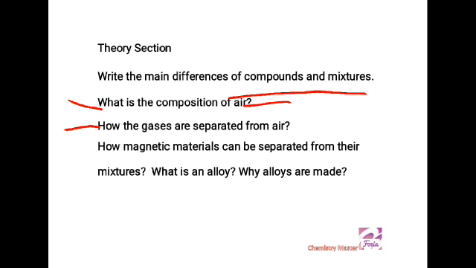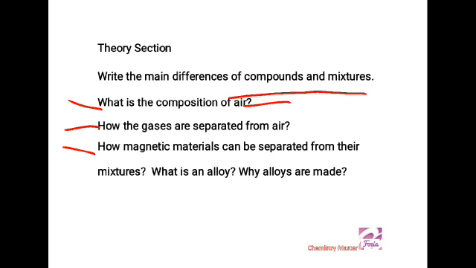This method is also used in the third chapter, where we learned that there are different compounds having different boiling points, and they are separated by fractional distillation. Similarly, air is also a mixture of gases, and we can separate those gases on their boiling points.